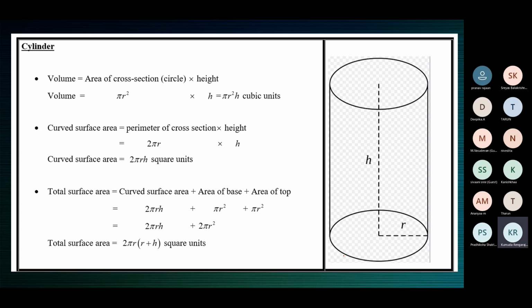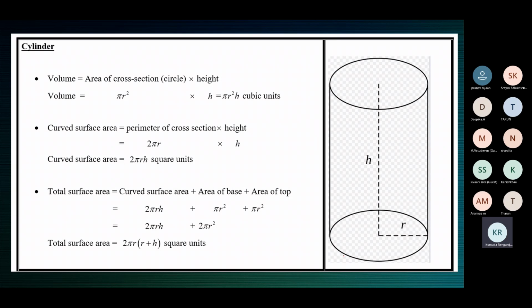What you see on your screen is a cylinder of radius R and height H. Supposing you find the volume, and it comes out to be 300 centimeter cubed.